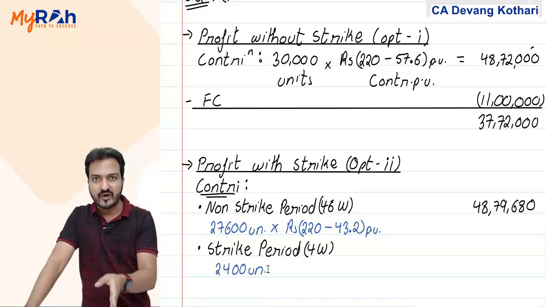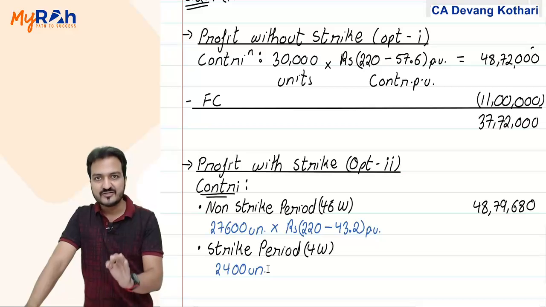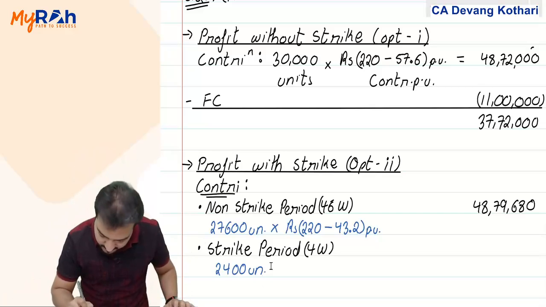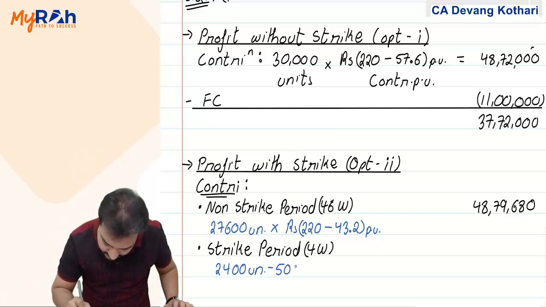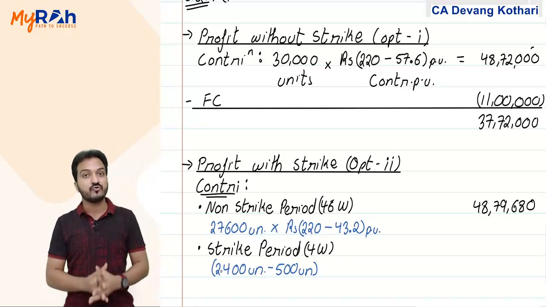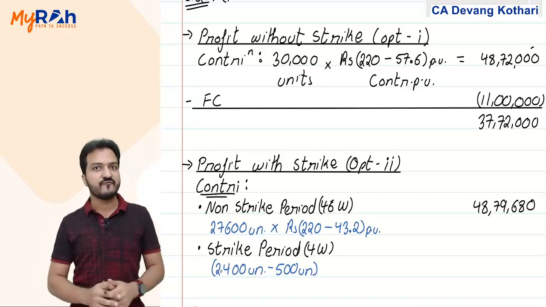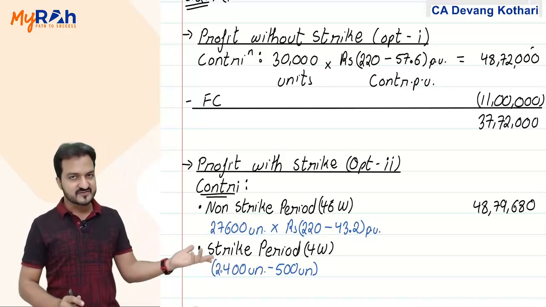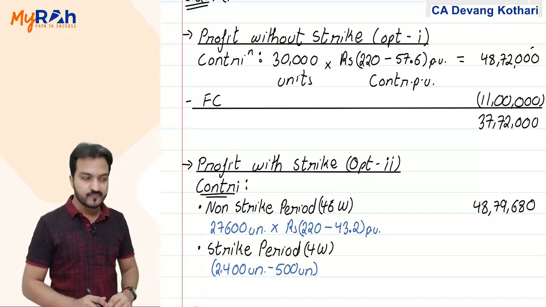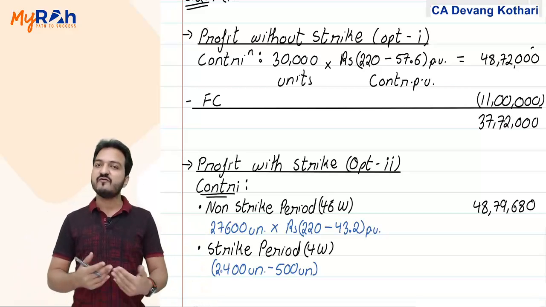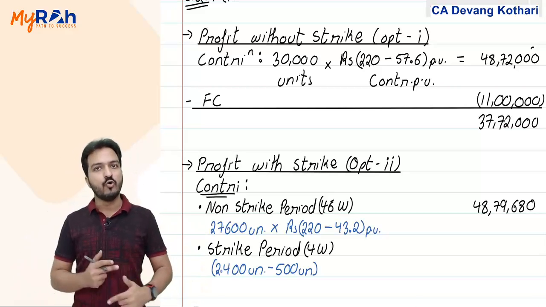But because of strike, I could not do sales of 2,400 units. Out of 2,400 units, I lost only 500 units sales. I did not lose sales of the entire 2,400. Remaining balance, what is the difference? 1900. The remaining 1900 units I was able to sell by working overtime.